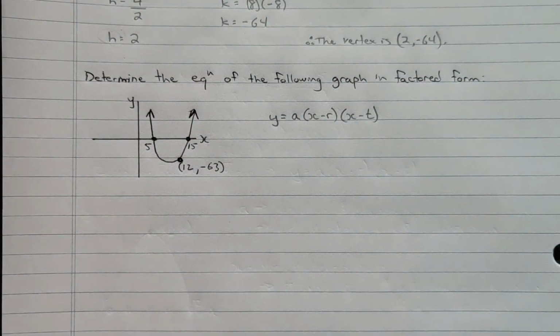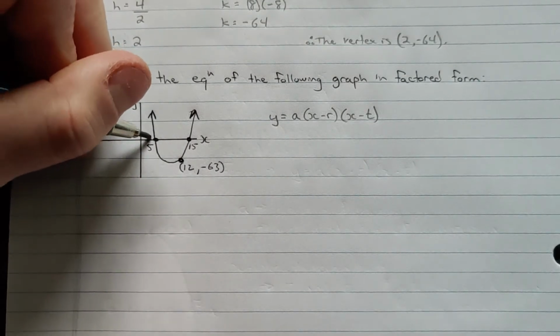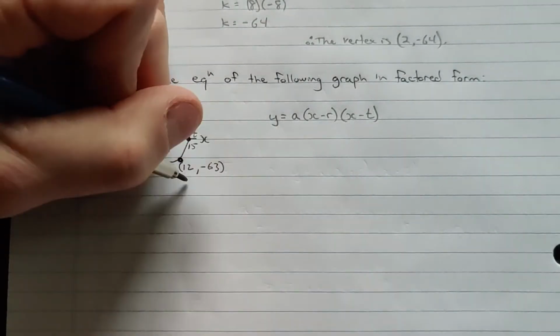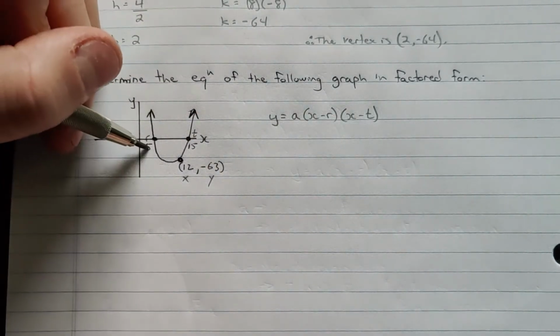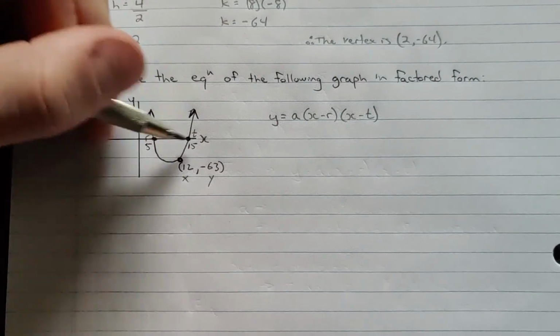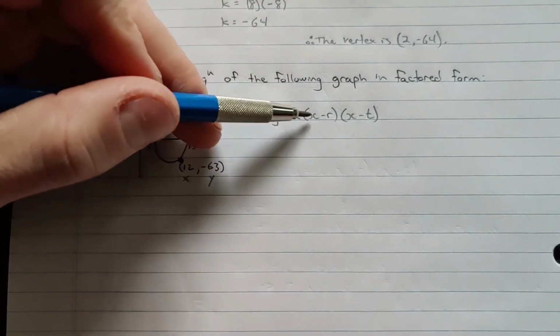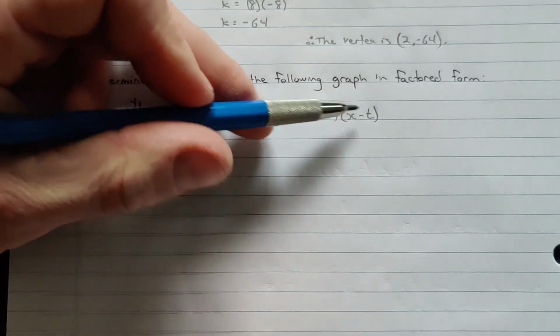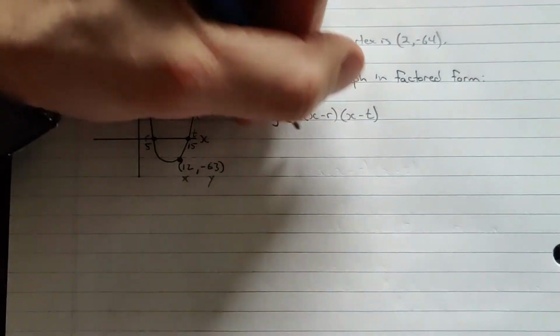Well, what are we given? We have r and t, and we have x and y. So we're given r is 5, and t is 15, or vice versa. And then we have our x and y. So we can fill in y, x, r, and t, and be left with a, one variable, and we can solve this. So let's fill all that in.